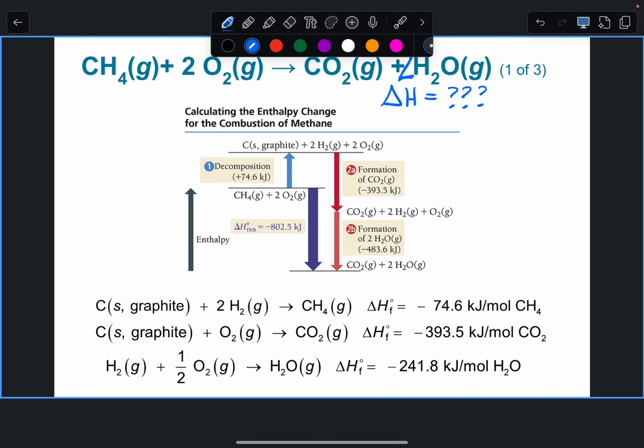Okay, so just like we did at the beginning of class, manipulate these ones, make them look like that one. Don't worry about the whole graphite thing here. It's going to cancel anyways, but you don't need to worry. It's just saying the form that it happens to be in, because energy between graphite and diamond, even though they're both carbon, is going to be significantly different.